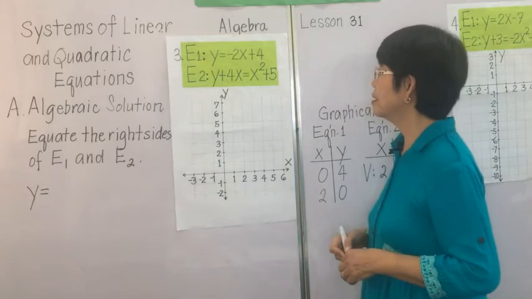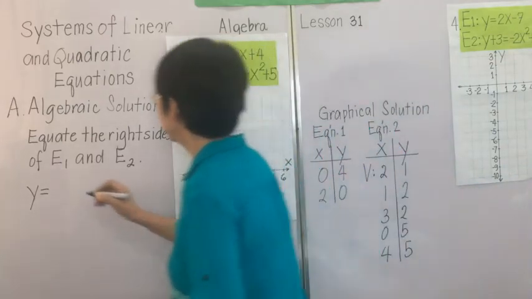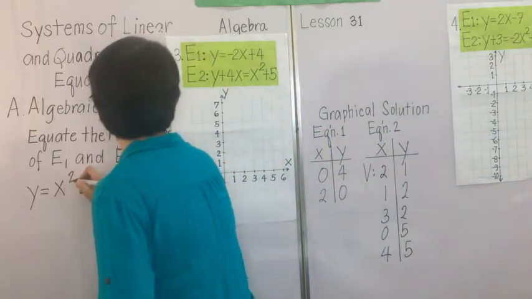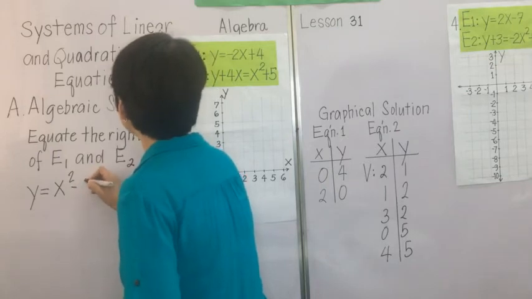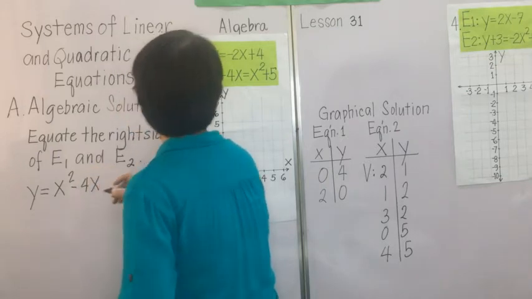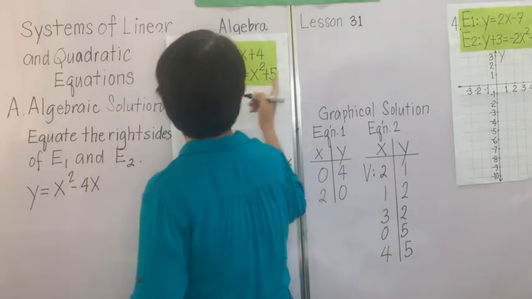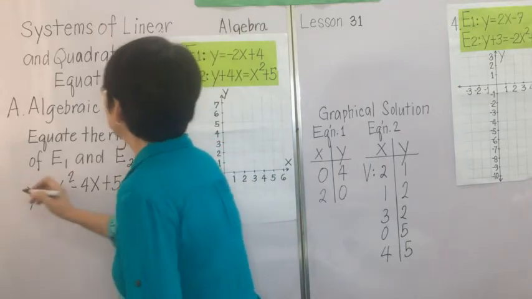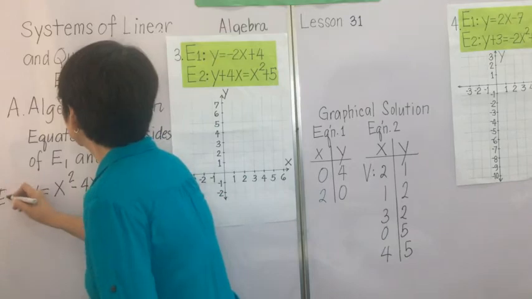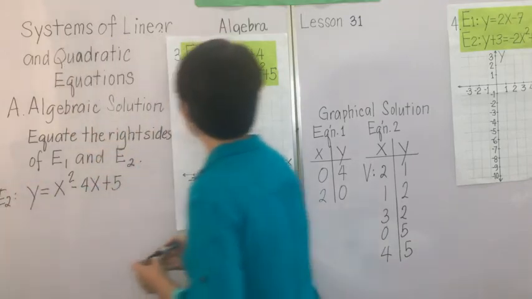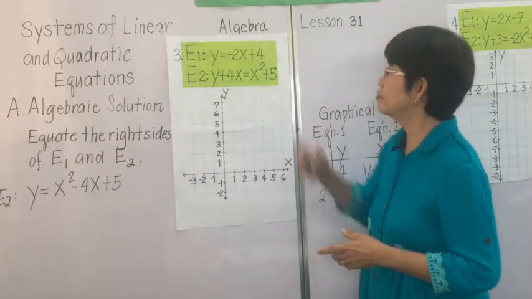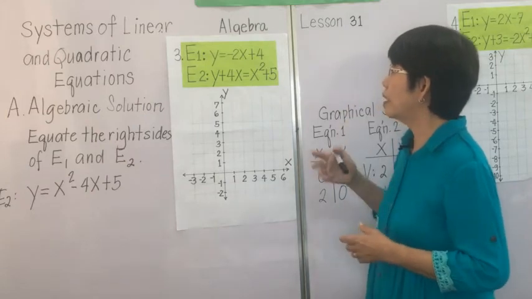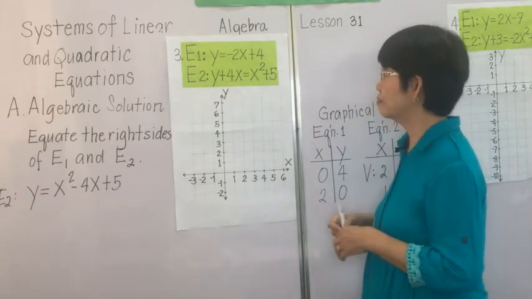So y is equal to x squared minus 4x plus 5. This is equation 2. And then we have equation 1, y is equal to negative 2x plus 4.